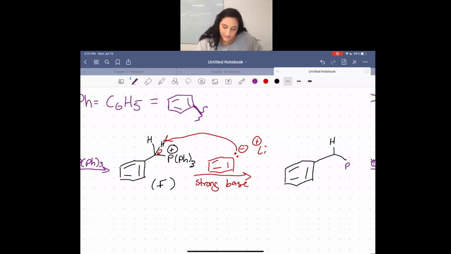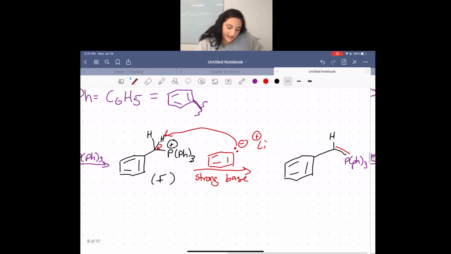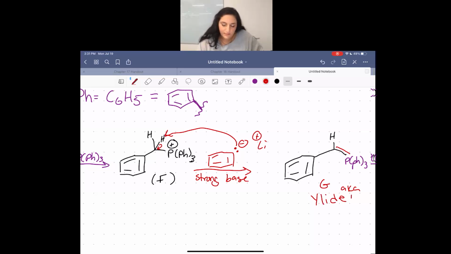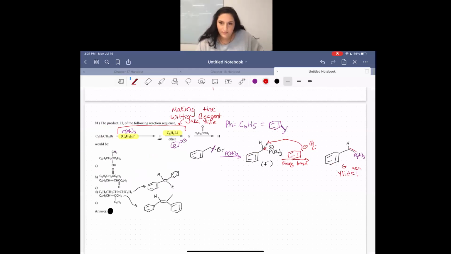We got PPh3, and we made a double bond with the electrons from the red hydrogen. So at this point, we have G, aka the ylid. Yay. So this product right here is G.